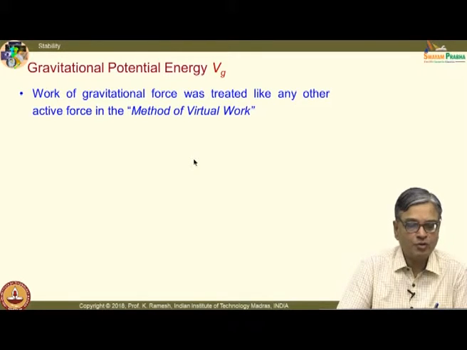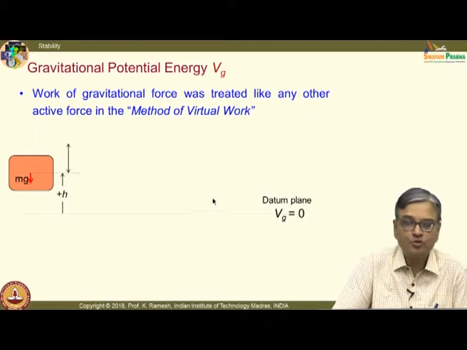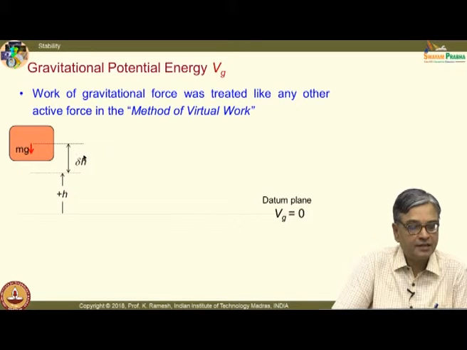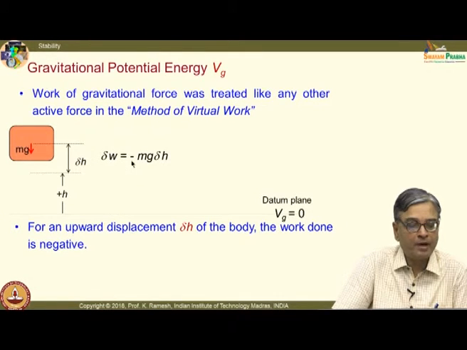We would also look at any change due to gravitational effects. You know very well that the force and the displacement are opposite in direction. You will say the work done is delta W equal to minus mg delta h.